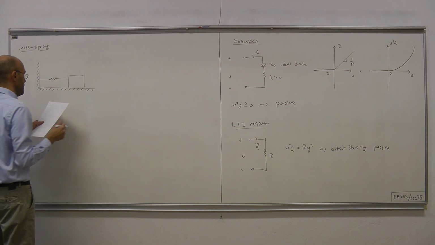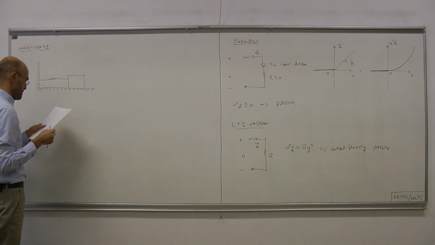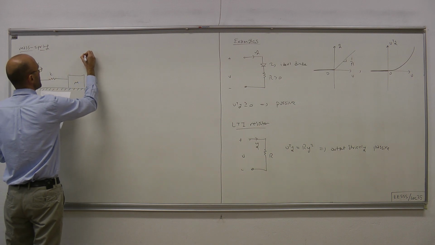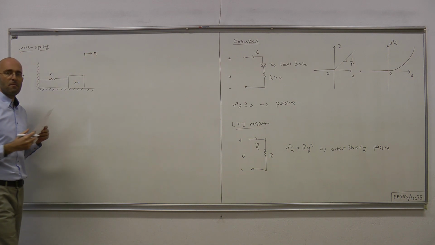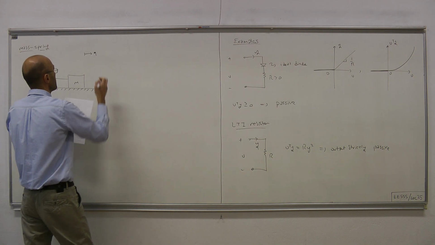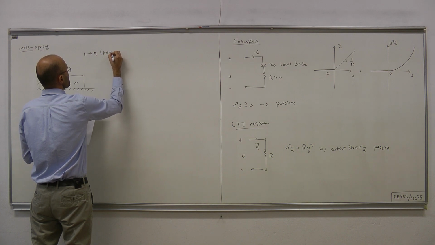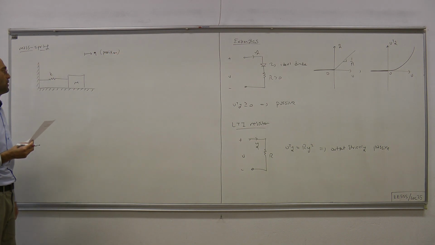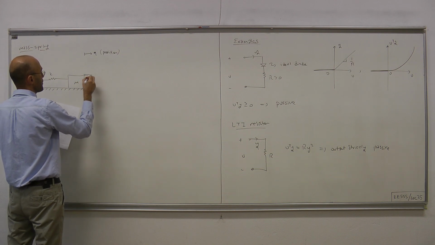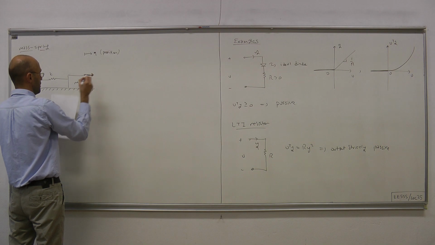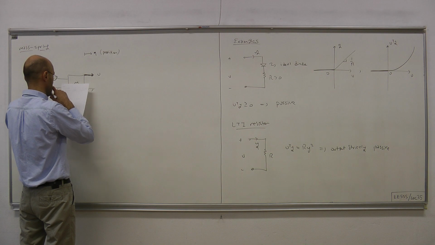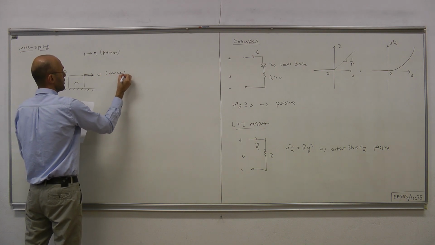We have a mass that's attached to a wall through a spring with spring constant K. And suppose that q is the distance of the mass from the equilibrium position. q is the position or distance from equilibrium, and M is mass, and we have a force acting on our mass, our block. u is force.